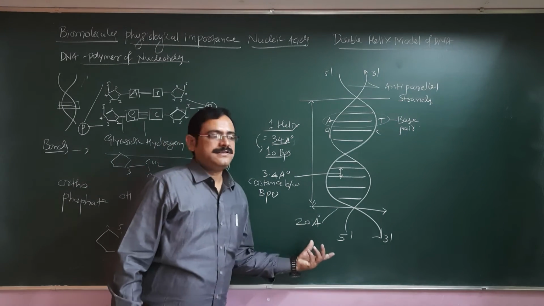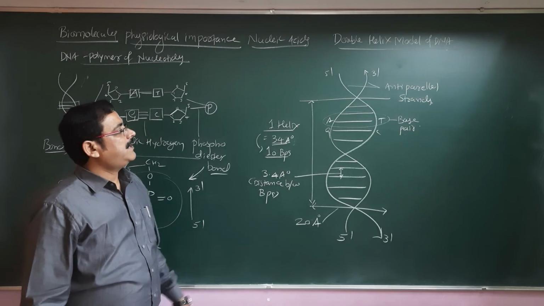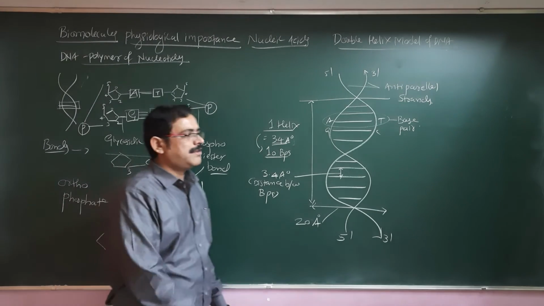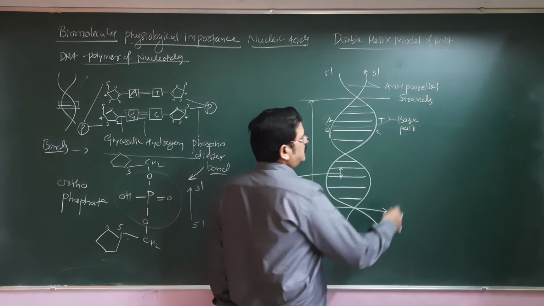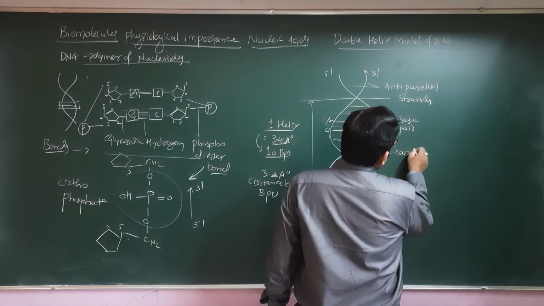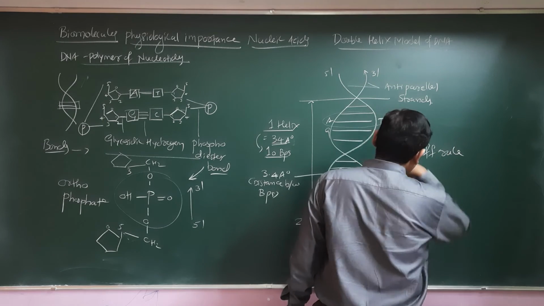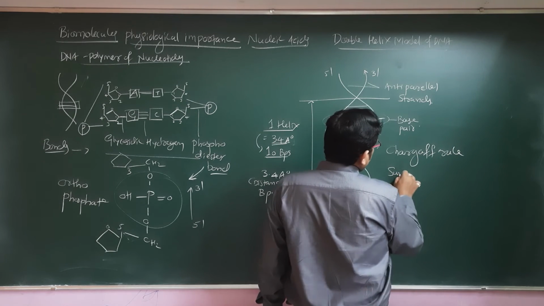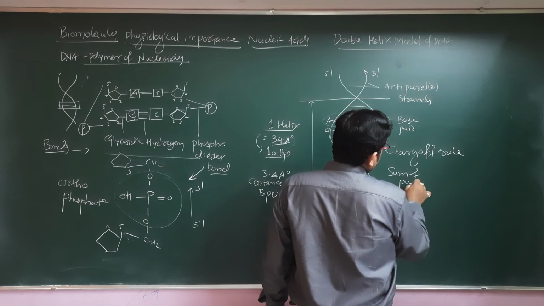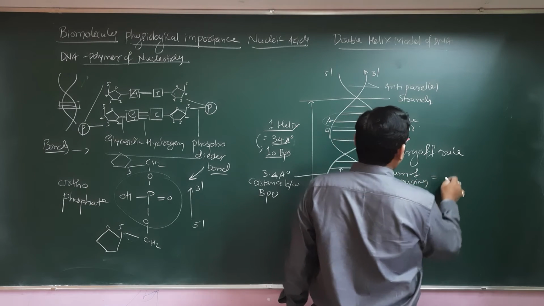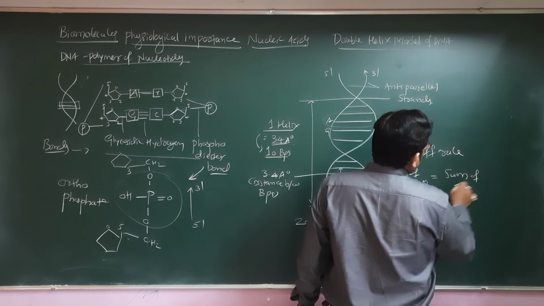The width of the DNA is 20 angstrom. One more important thing, Chargaff's rule. What does it say? The sum of purines is always equal to the sum of pyrimidines.